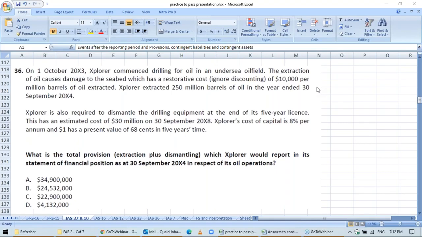Look, we will record a liability when it is not possible for the entity to save itself from settlement. Settlement means payment or whatever resources they have to remit to some other party.